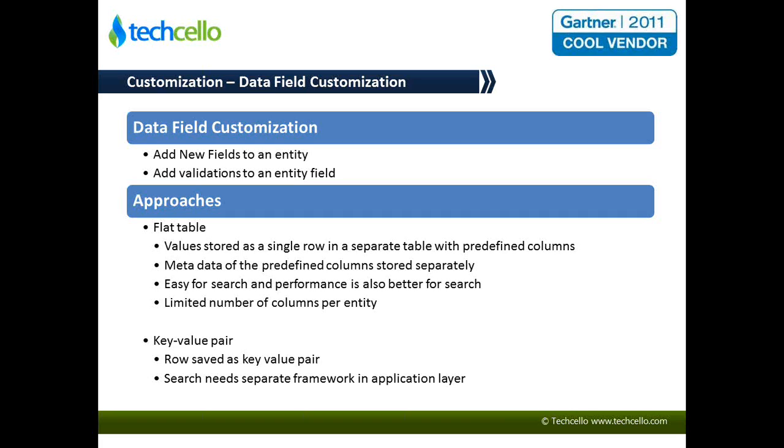One approach is to go for a flat table. You have an entity called employee, and another table called employee extension having some generic columns like column 1, 2, 3, 4, etc. And you have a metadata column which says that for customer A, column 1 means maybe a social security number, column 2 means age, and so on.